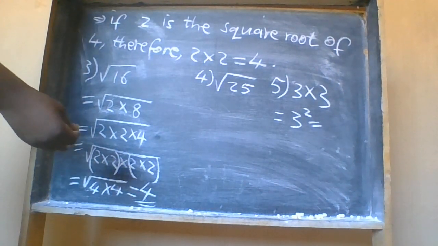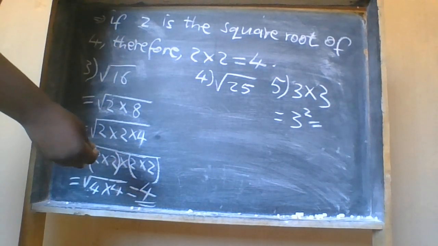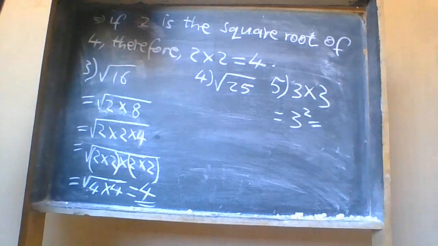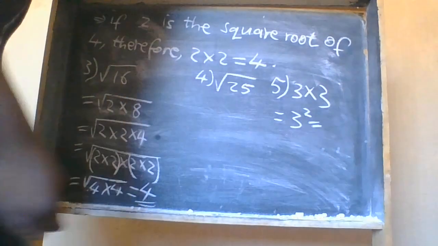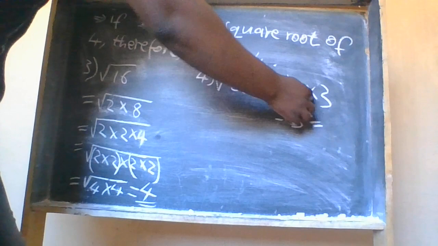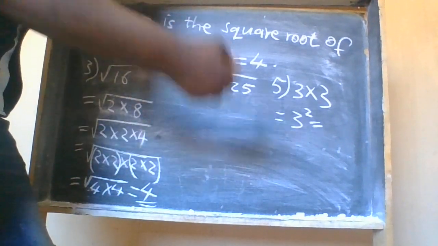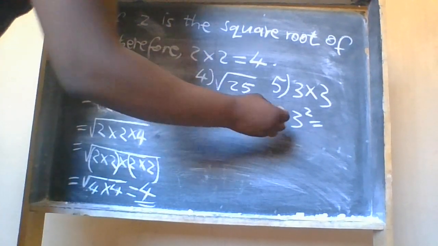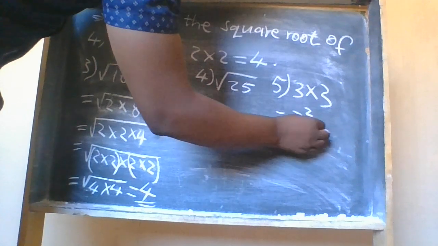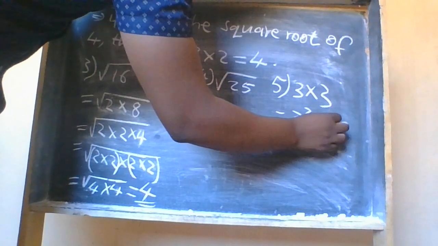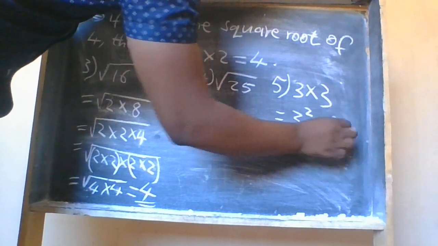If we say 3 squared, it will give you, of course, 9. So 3 times 3 gives you 9, and not the 27 that I mentioned. 3 times 3 will give you 9.